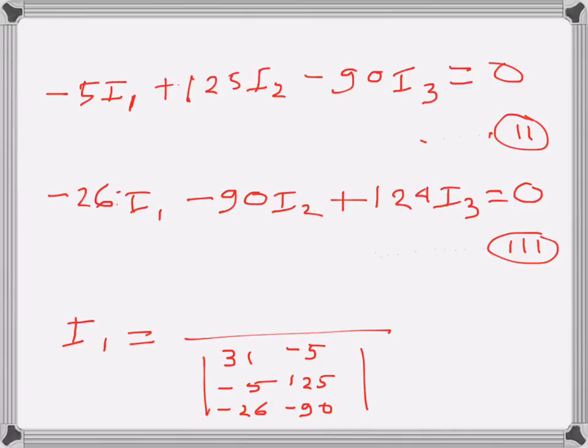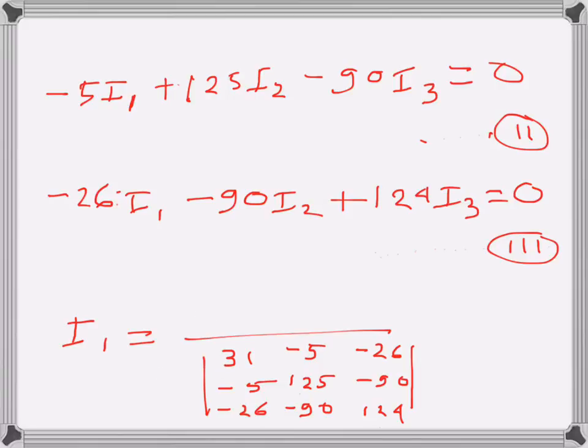And finally the coefficients of I3 will be minus 26, minus 90 and 124. So these are the three positive values, 31, 125 and 124, along the diagonal.